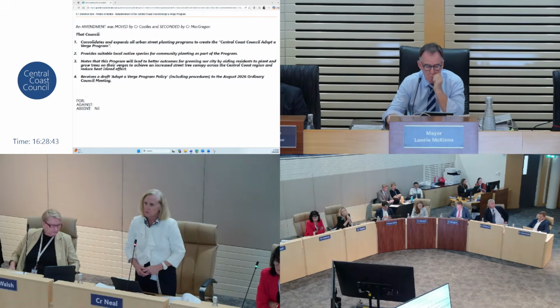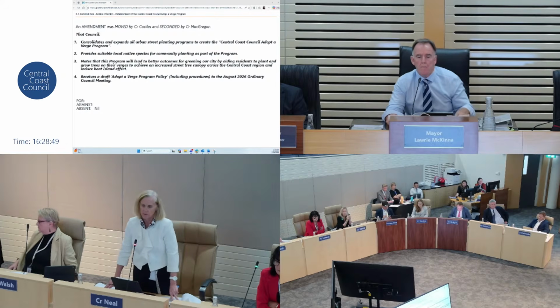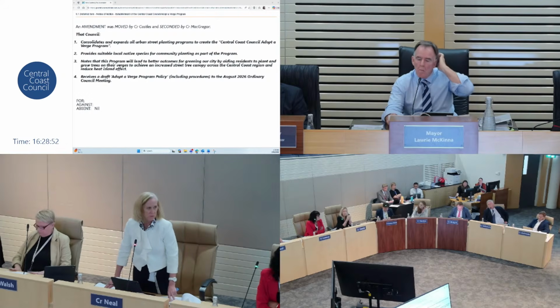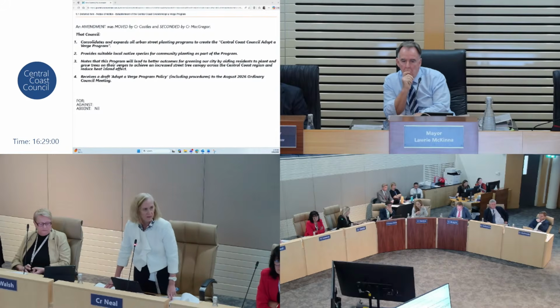During the budget process, initially an allocation of $200,000 was provided for tree planting on the peninsula. But of course, during that period, despite commitments provided to me by councillors on the other side, that allocation was cut by $100,000 to the sum that it presently is.